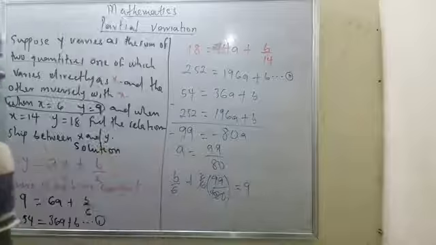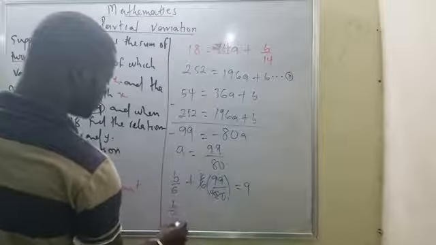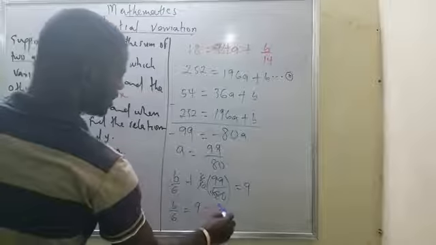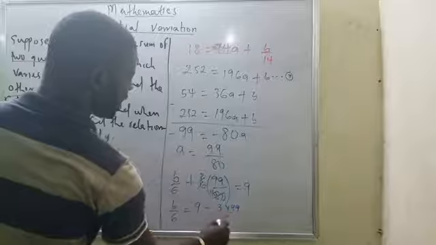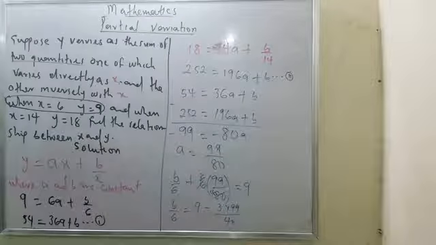Now b all over 6 equals 9 minus 33 multiplied by 99 divided by 40.